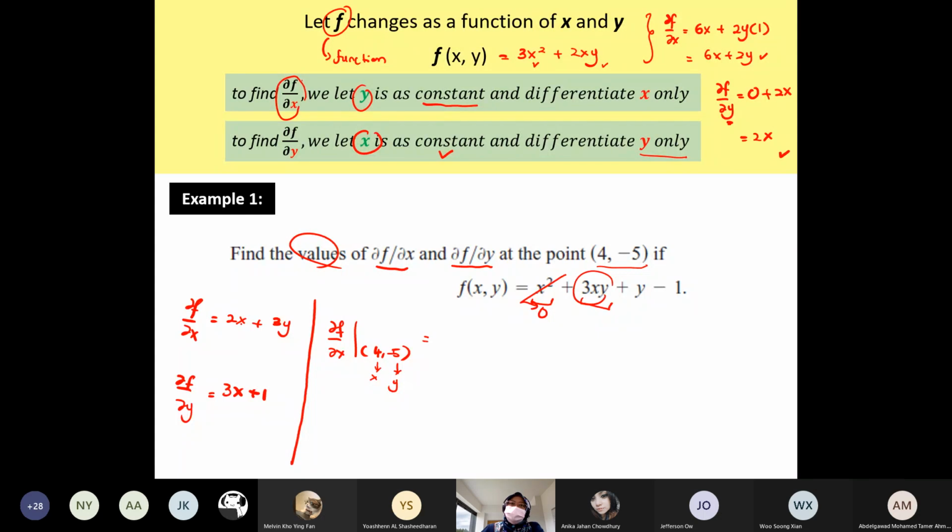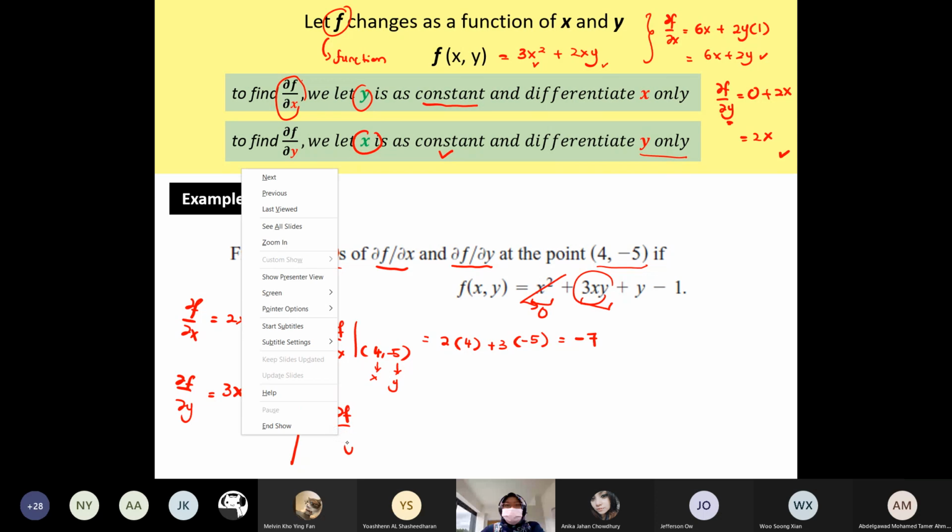So it is equivalent to 2 multiplied by 4 plus 3 multiplied by -5. So from here it is equivalent to -7, isn't it?